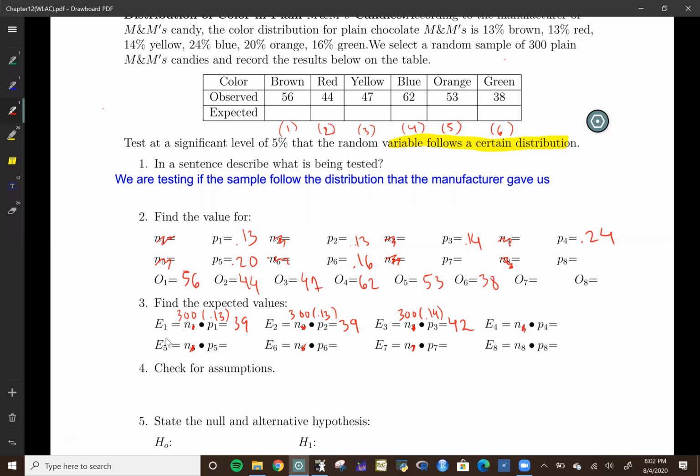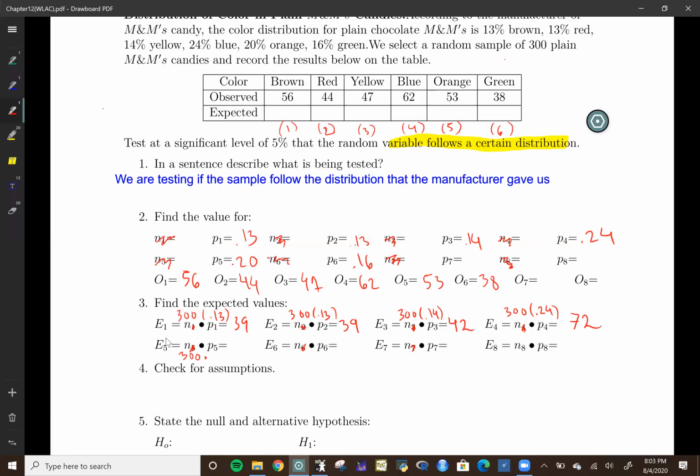Hopefully it is. For E4 you do 300 and you multiply by P4. P4 will be 0.24. So you do 300 times 0.24, you get 72. And then we get E5. E5, you do 300. You multiply that by P5.